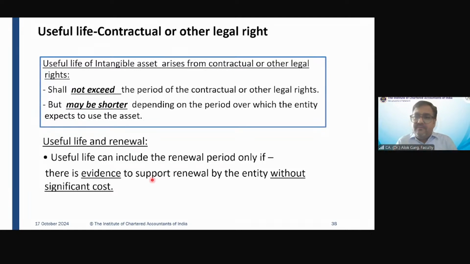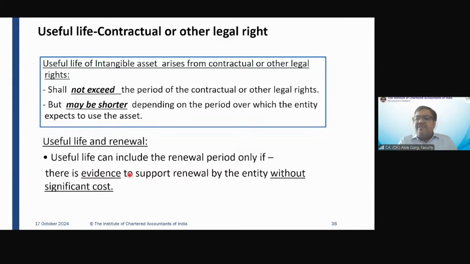Friends, generally the useful life of a tangible asset is pretty simple, but the useful life of an intangible asset is pretty difficult. For example, goodwill. The company has acquired a business and the company has paid a premium.